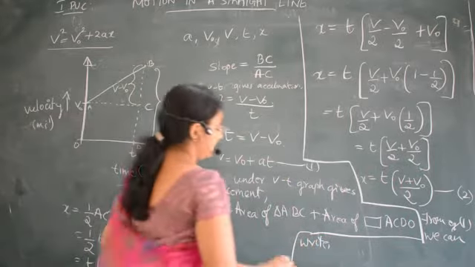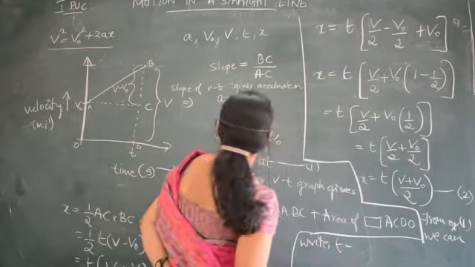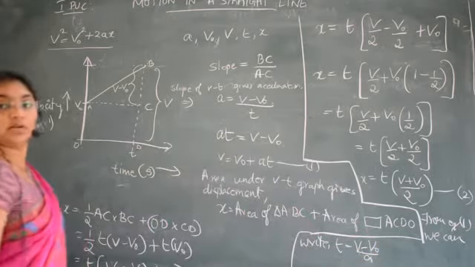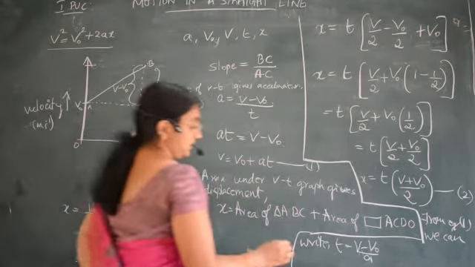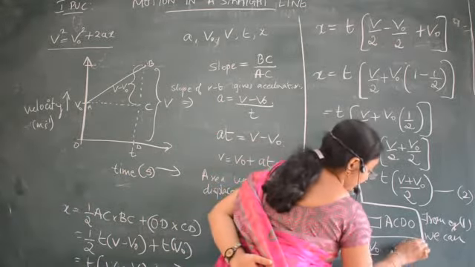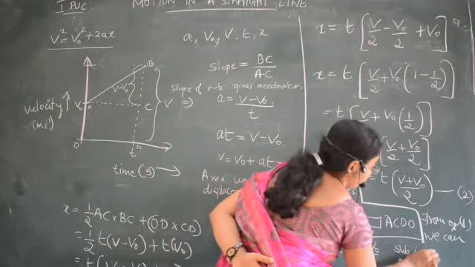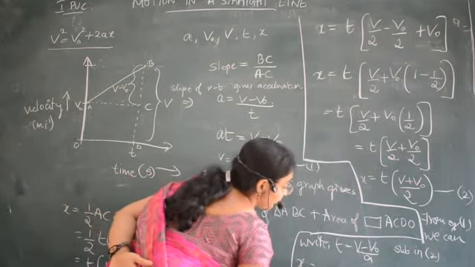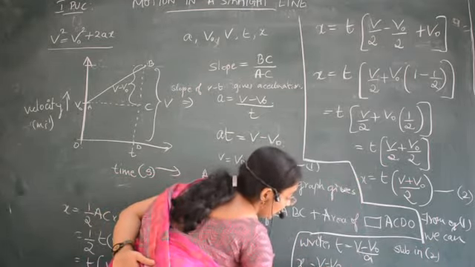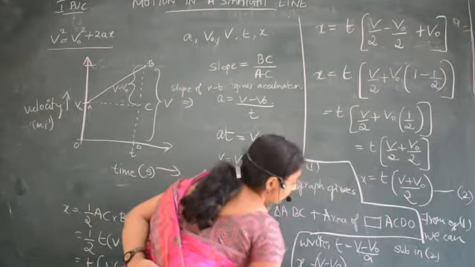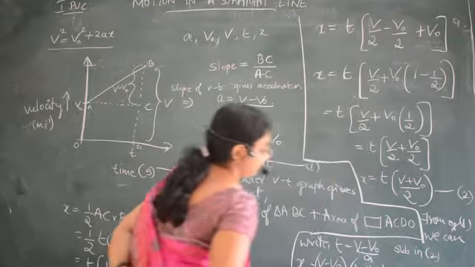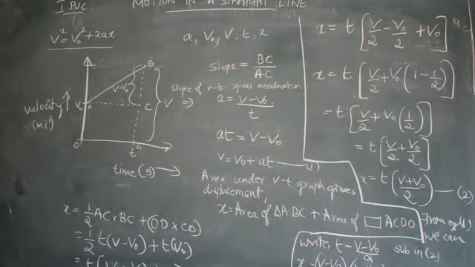Can I write T is equal to V minus V naught by A? Substitute in 2. What do we get? X is equal to V minus V naught by A in the place of T into V plus V naught by 2. Correct? What is the next step?